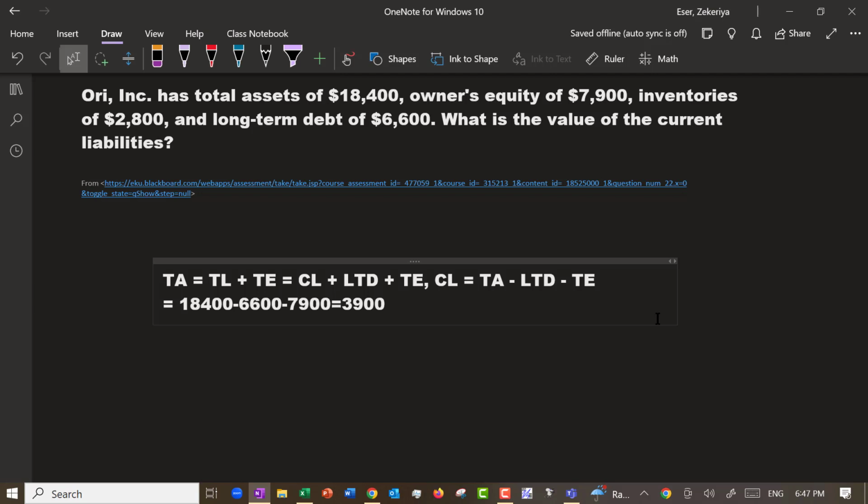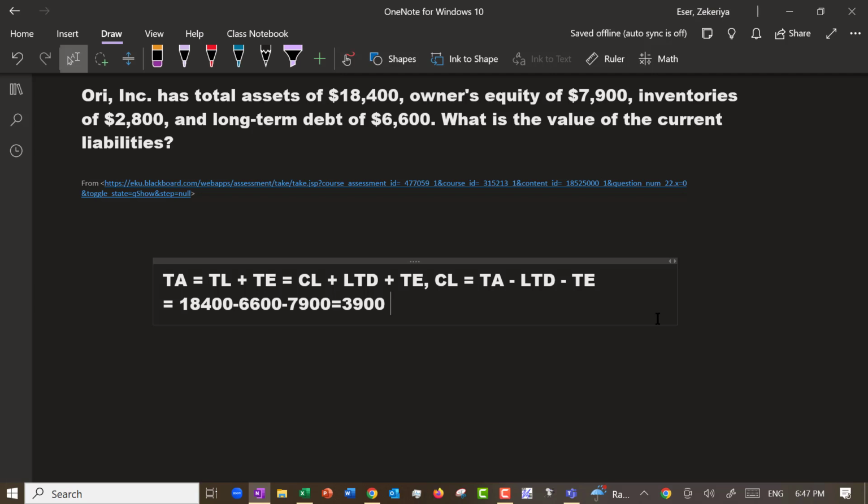But you arrived at the solution by asking two things. One, what am I looking for? Current liability. What do I know that involves current liability? At a minimum, I know two things. Net working capital equals current assets minus current liability. And the expanded version of balance sheet identity.